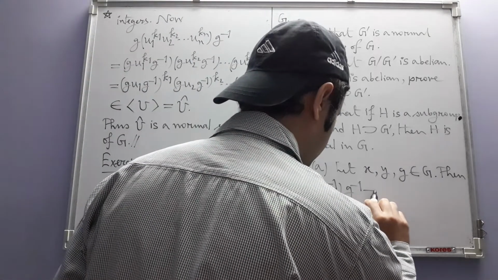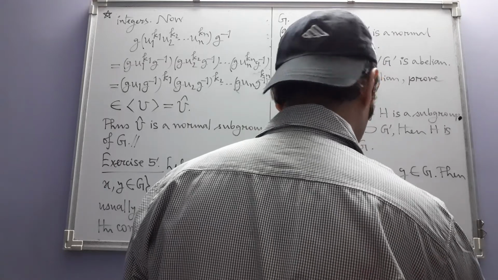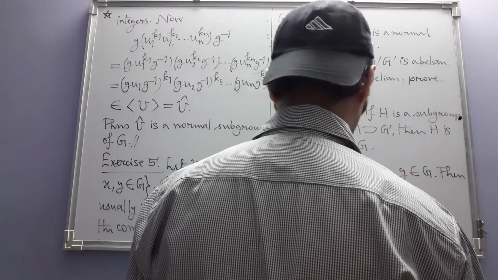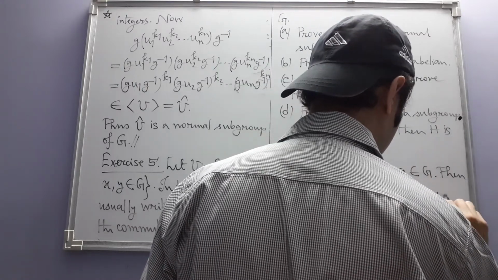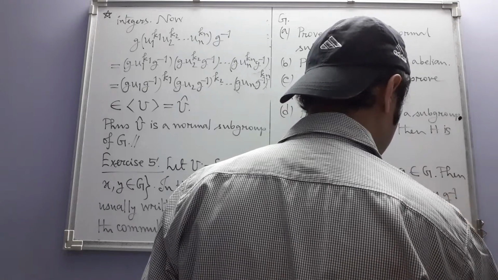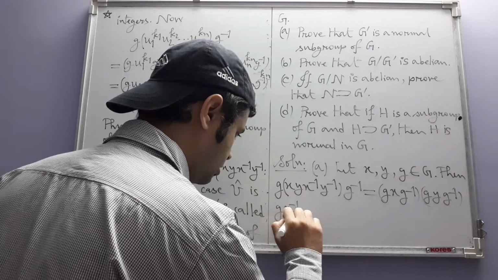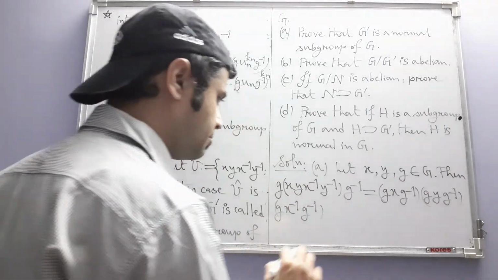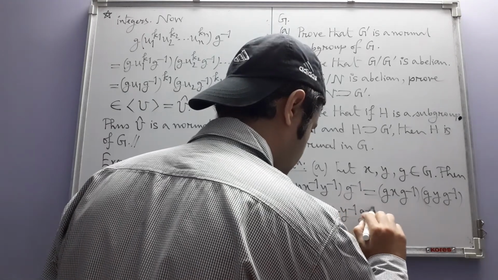This can be written as g x g inverse times g y g inverse times g x inverse g inverse times g y inverse g inverse.